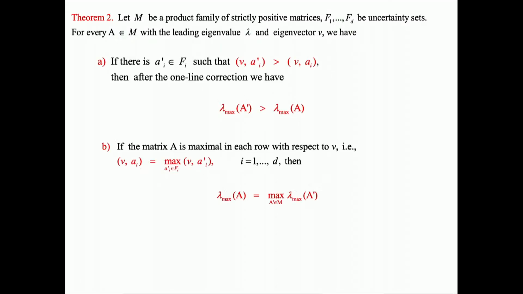And this is the theoretical base of it. If it appears that the previous row is worse than the optimal row, this is the optimal row and this is the current row in our matrix, then if the matrix is strictly positive, the spectral radius strictly increases.